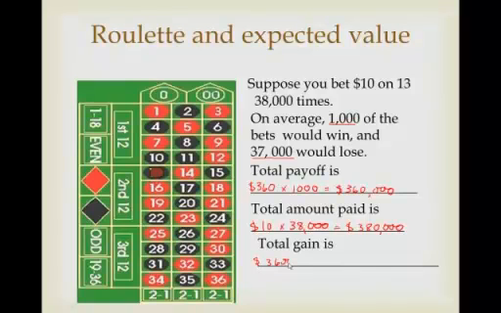And the total gain then is going to be $360,000 minus $380,000, which is, well, there's something wrong with that gain because it's actually a loss.